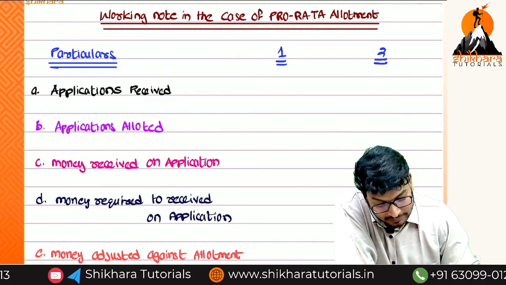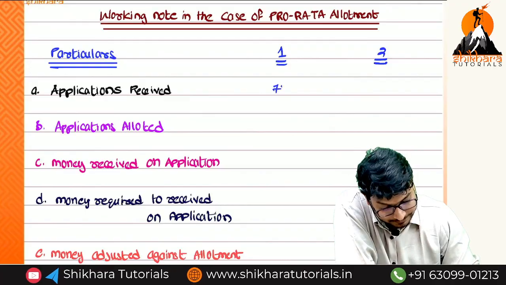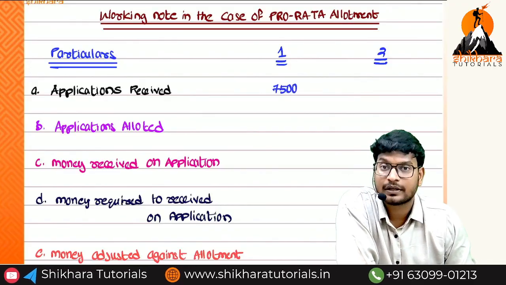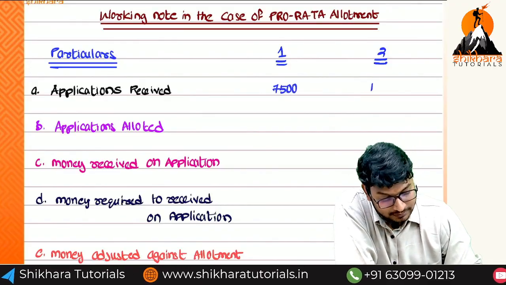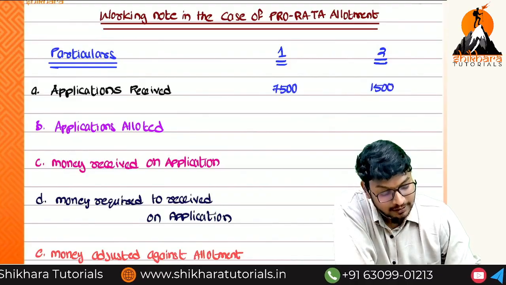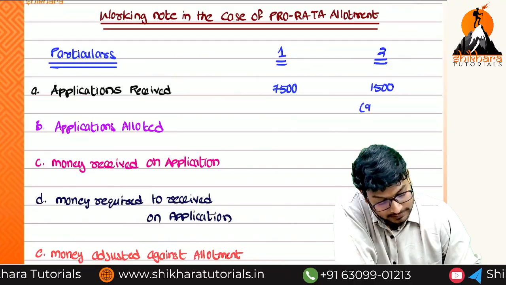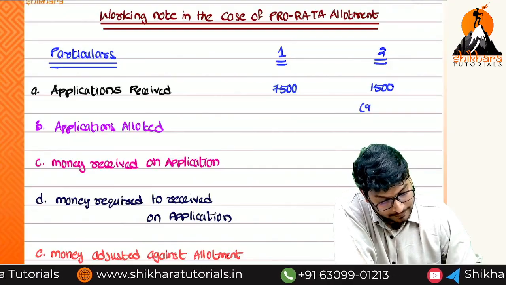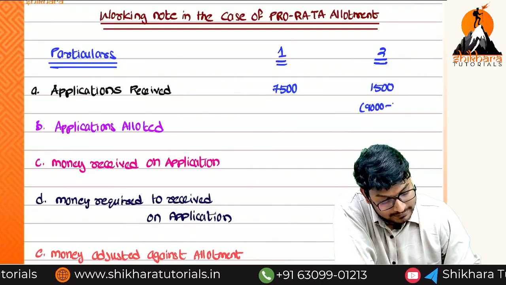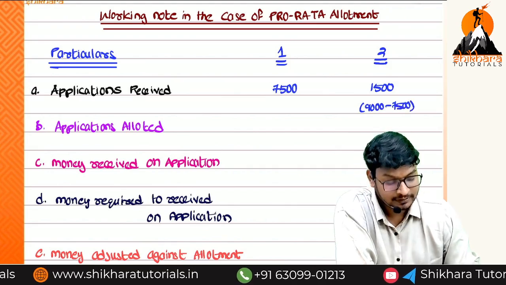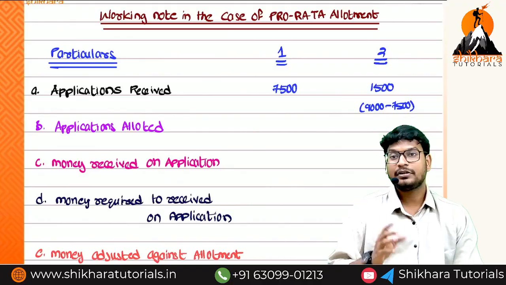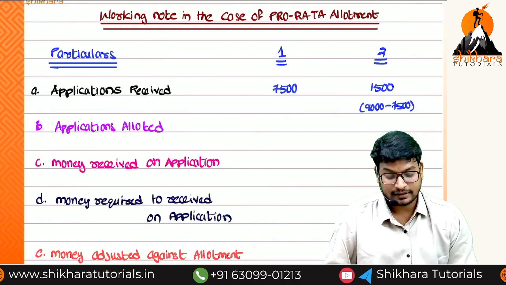So this 7,500 is one team. Okay na? So what are the remaining shares ma? 1,500. How did you get the 1,500 ma? 9,000 minus 7,500.